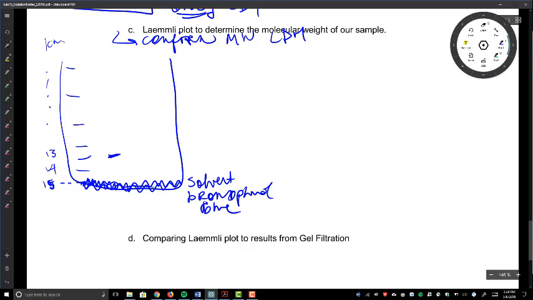Okay, and then you'll also measure whatever that number is for LDH. Then you're going to find the RF for each band of your ladder. If we're solving for the RF of this band here, this band migrates 13 centimeters, and you divide that by the migration of the solvent front, so that would be 15 centimeters.